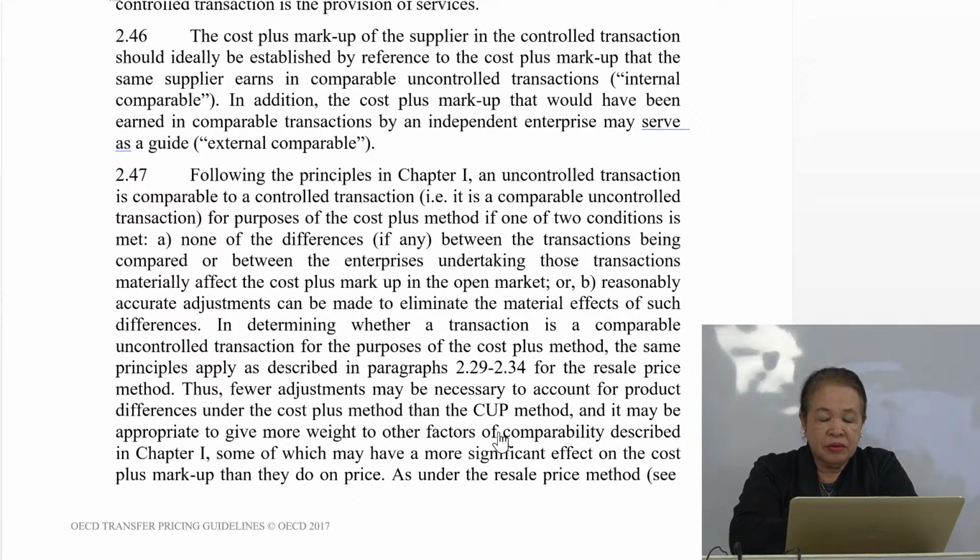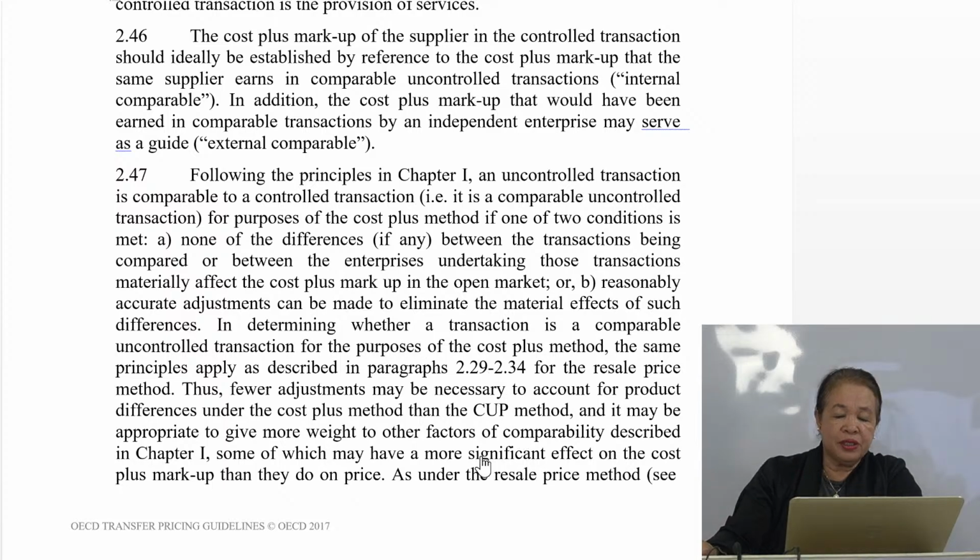So ano yung markup that would have been earned in comparable transactions, no, by independent enterprises. So yun yung external comparable. How about the internal? Markup that the same supplier earns in comparable uncontrolled transactions, or the internal comparable. No? So we have two kinds of comparable, the internal and the external.